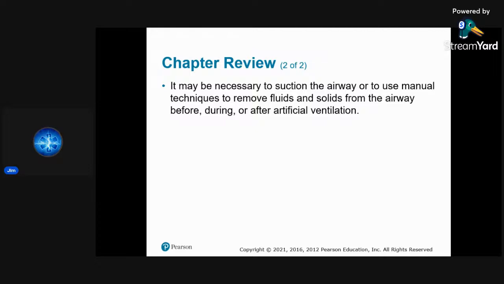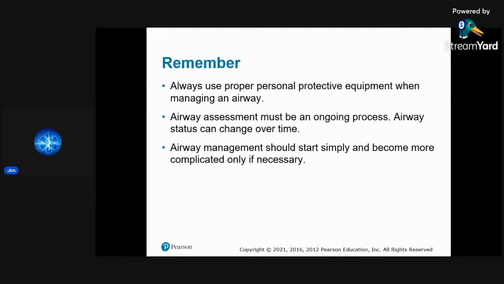It's used to remove fluids and solids from the airway before, during, and after any ventilation, or adjuncts, or supraglottic devices, or BIADs. Remember your PPE. At the minimum, it's gloves. But anytime we're dealing with the airway, they recommend a mask and gloves, eye protection, and face shield. Airway assessment's ongoing.